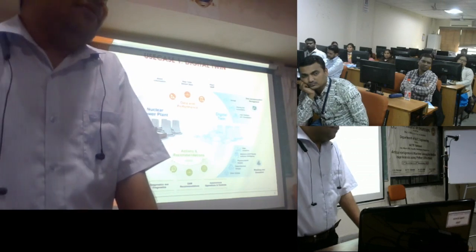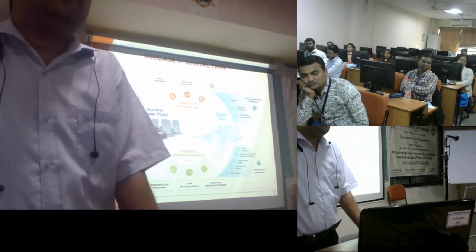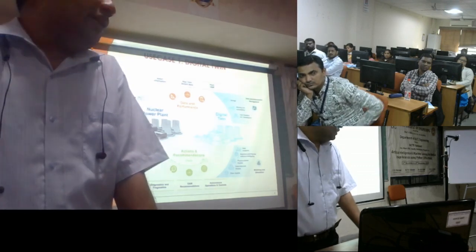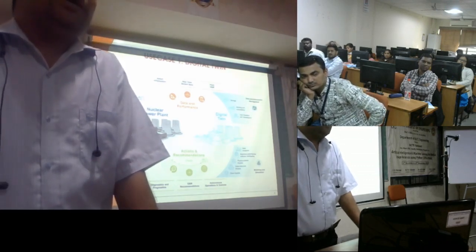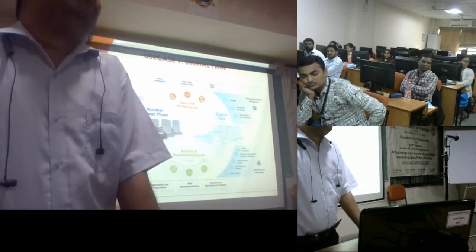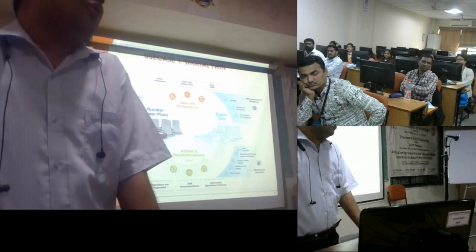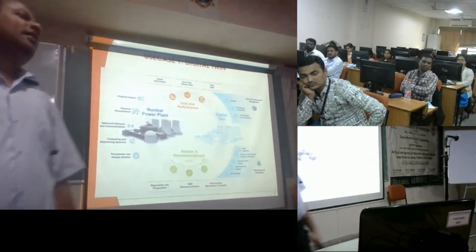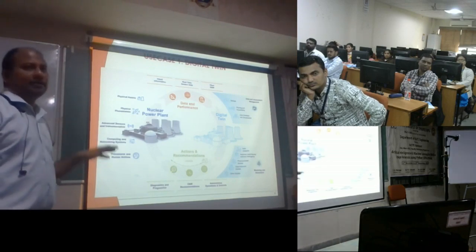You can increase the power, decrease the power. You can monitor the status of the different equipment, and you can give commands to the field instruments, for example, closing the valve, opening the valve, and so on. Right, so all these things are basically done in the control room.